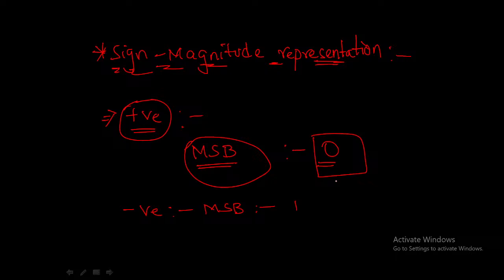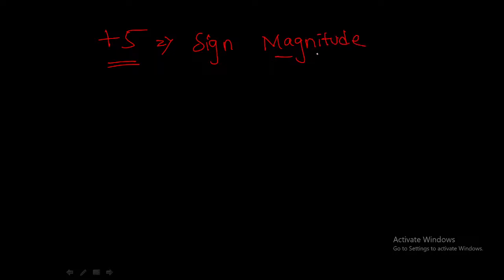Now let's see an example. If we want to represent plus 5 in sign magnitude representation, how do we do it? The term itself indicates it has sign as well as magnitude. The sign is the MSB bit, and the remaining bits represent the magnitude.